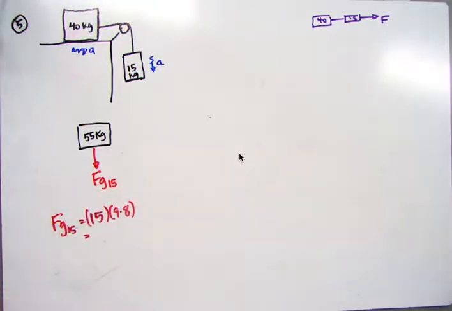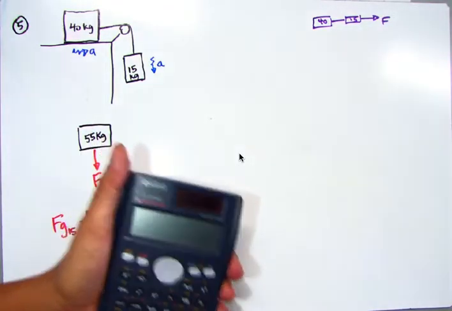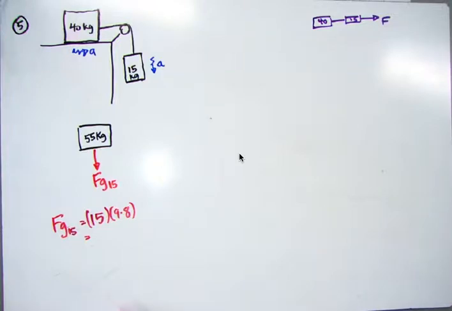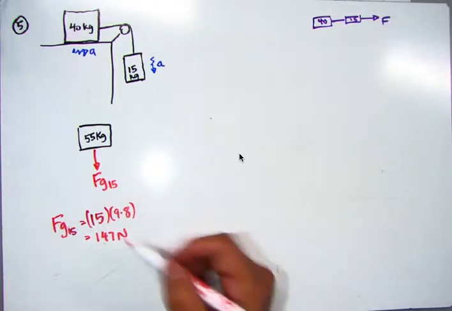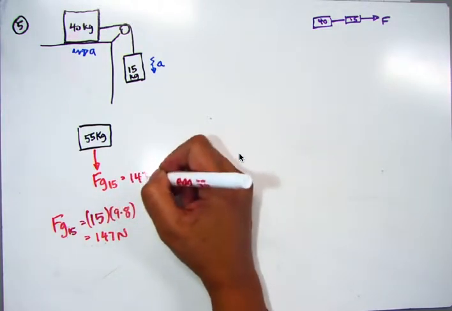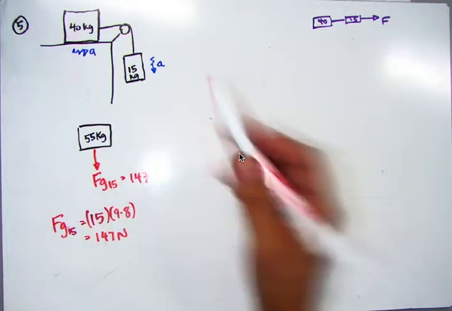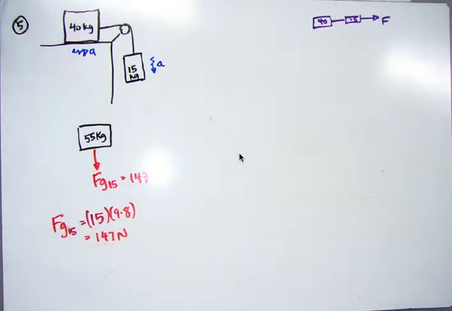15 times 9.8 is 147, so this is 147 newtons. So you've got a 147 newton force accelerating a 55 kilogram block. So what we're saying here is that we can do our F net equals ma, where F net equals the sum of the forces.